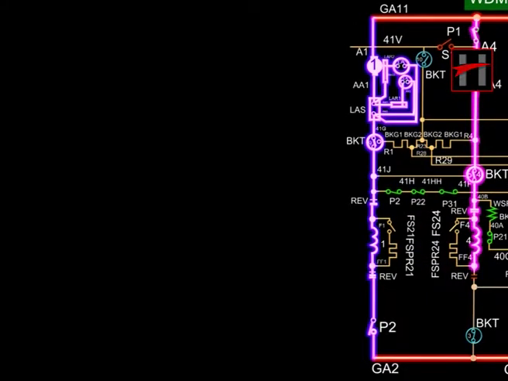The field of traction motor 4 gets energized via cable AA4, BKT contact 4 in motoring mode, cable number 40B and the reverser contact. The current flows through reverser contact and the BKT contact 3 in motoring mode and completes its path via cable GA2.